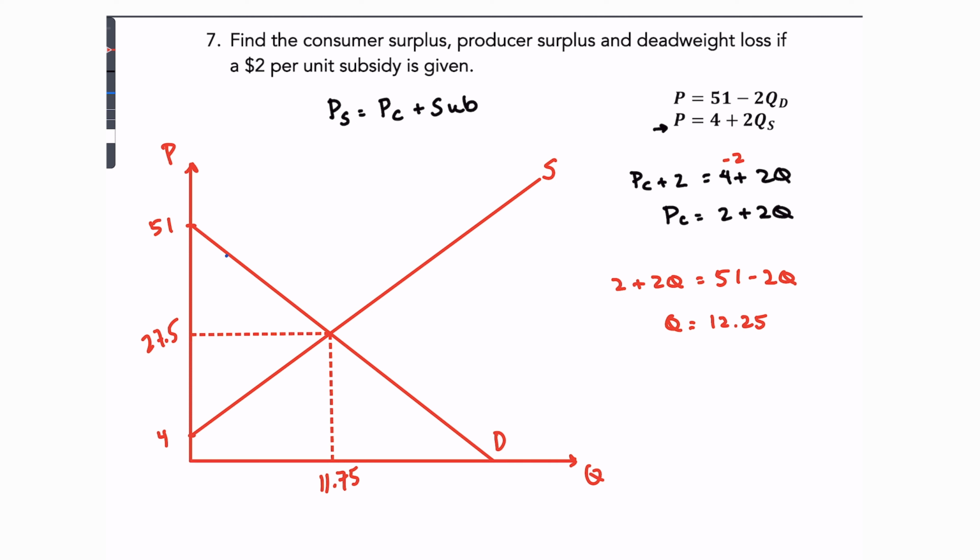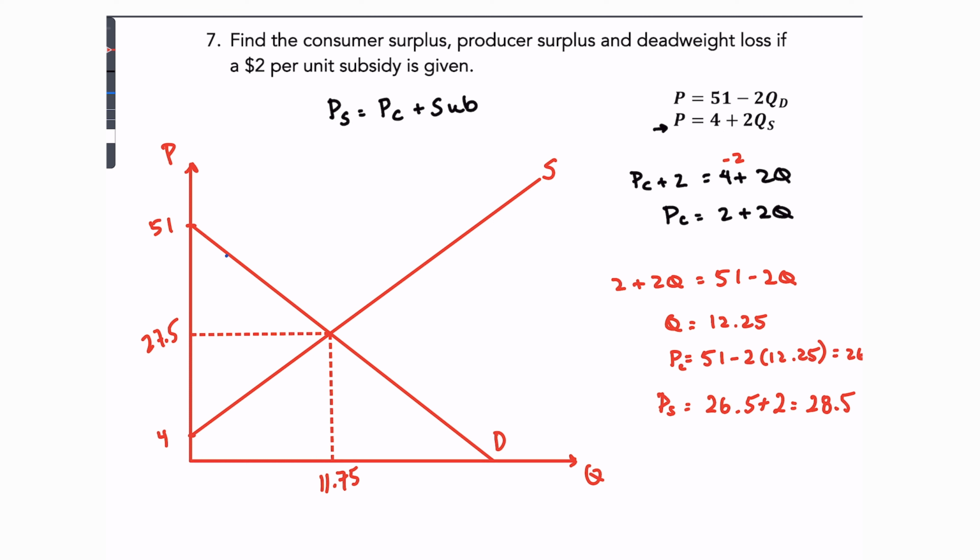If I plug that in to my demand equation, I get a consumer's price of 26.5. And then I know that the supplier's price would just be 26.5 plus the $2 subsidy, 28.5.